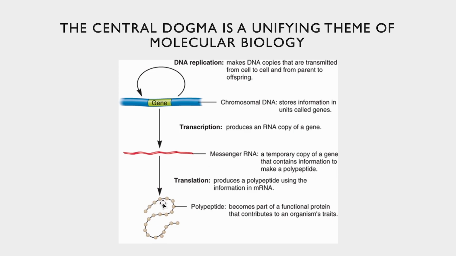The process that occurs in the ribosomes is called translation. This is the process that makes the protein using the information from the messenger RNA, which was transcribed from the information in the DNA.